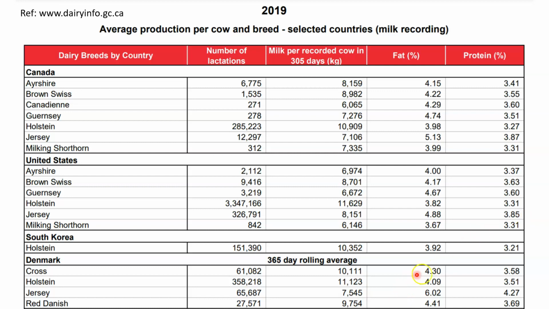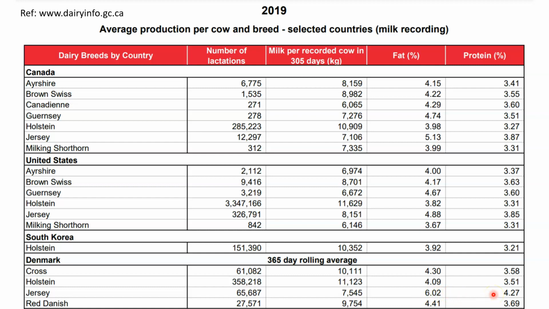Every country has a breeding policy. So maybe the Danish national breeding policy says you have to select semen of bulls with predicted transmitting abilities of more than 6% fat or 5.5% fat. So that's what causes these differences.